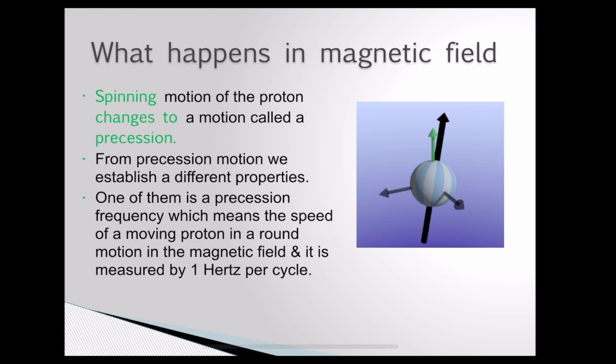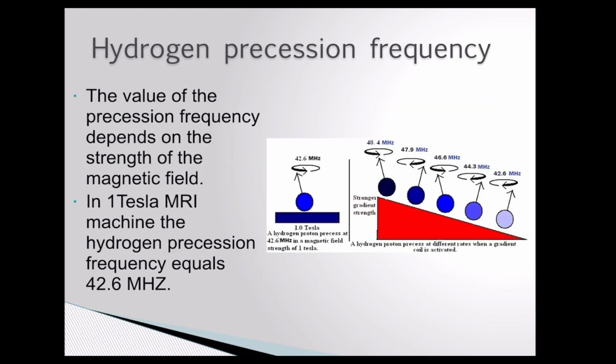The value of the precession frequency depends on the strength of the magnetic field. For example, in a 1 Tesla MRI machine, the hydrogen precession frequency equals 42.6 megahertz.